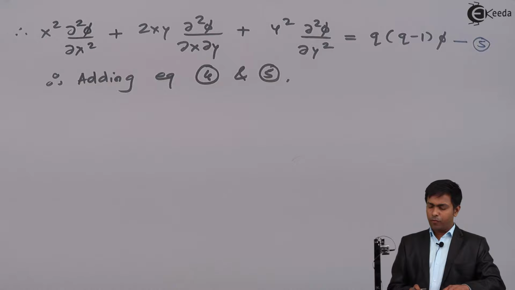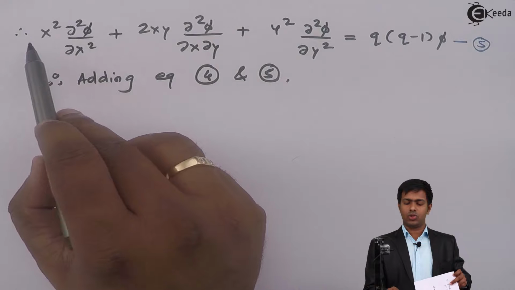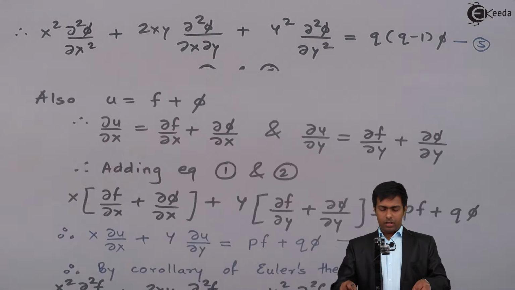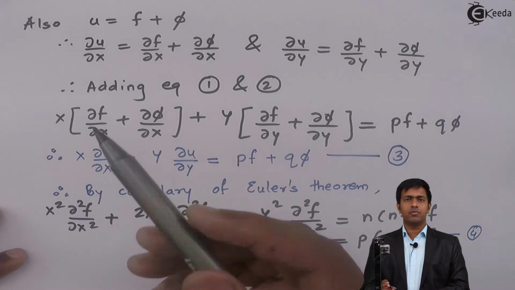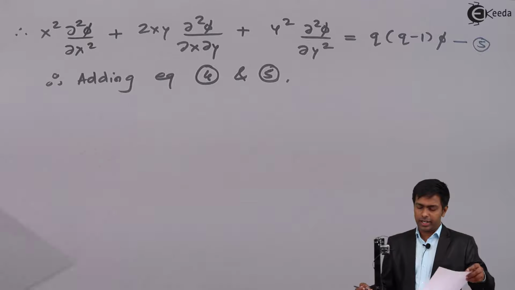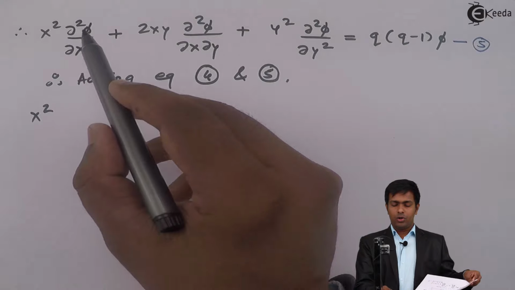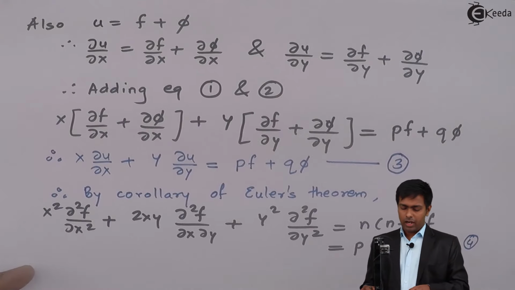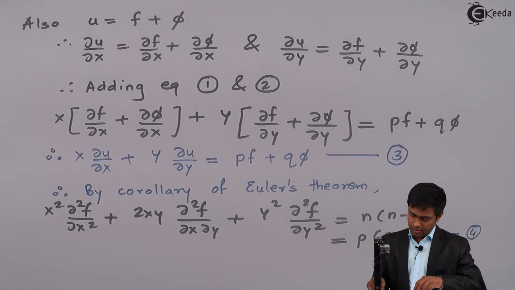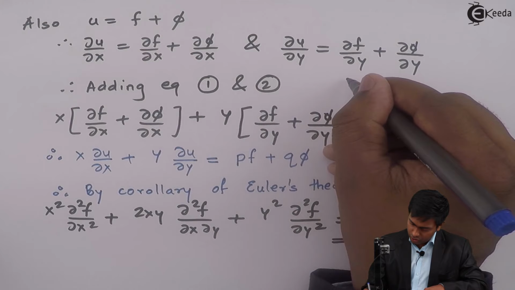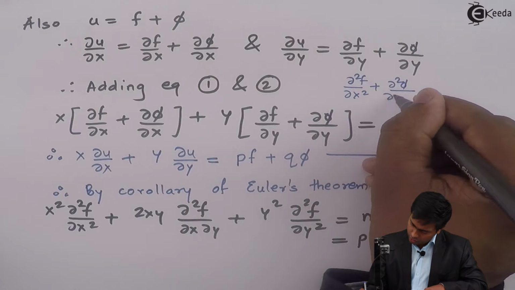In equation number 4 and 5, if you observe the first term, here the first term is x square dou square phi by dou x square, and here the first term is x square dou square f by dou x square. So from both these terms we can take x square common. Inside the bracket we'll get dou square f by dou x square plus dou square phi by dou x square.